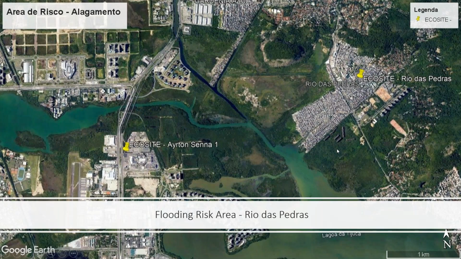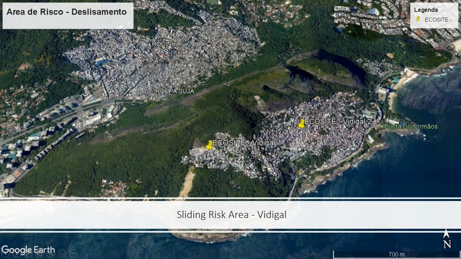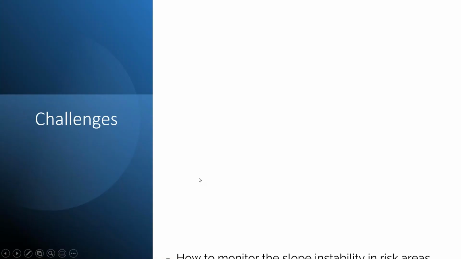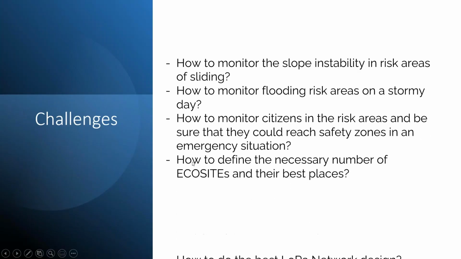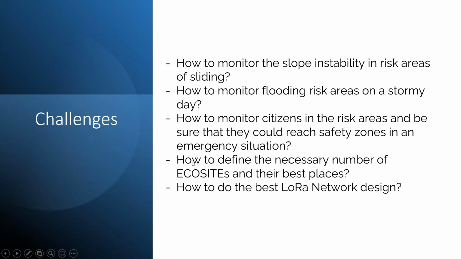Okay, and just to give details, I'm describing this because we are at the lagoon, sorry, the lagoon. This is the real situation. And the same thing with Vidigal. These are the kinds of problems that we have here. And how do we treat this kind of thing?